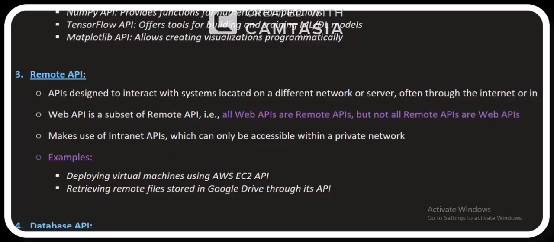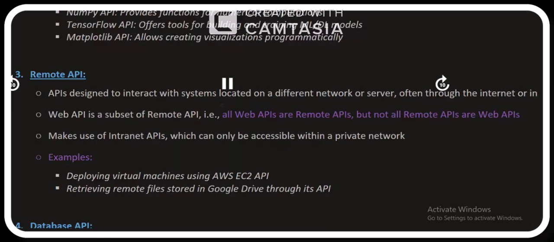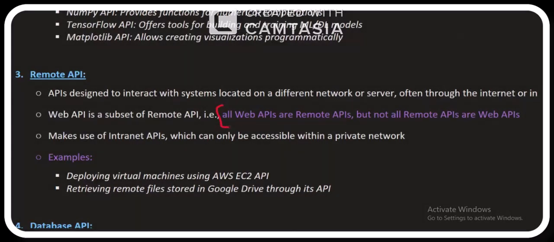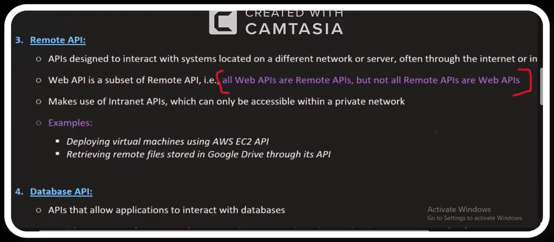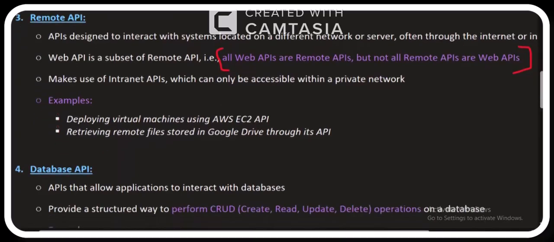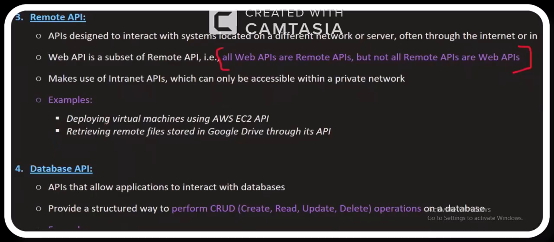Okay? Now look at this statement: all web APIs are remote APIs, but not all remote APIs are web APIs. Okay? So this is just a concept of which is a subset of what. Basically, web APIs are a subset of remote APIs. An example: if you want to deploy virtual machines using AWS EC2, this is a brilliant example, right? Because, what is EC2?